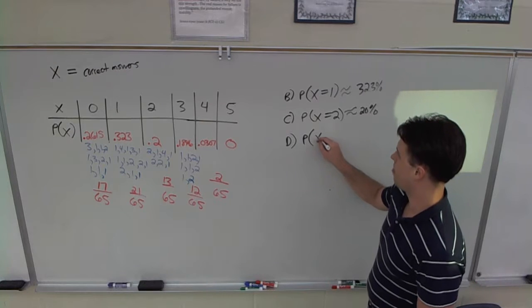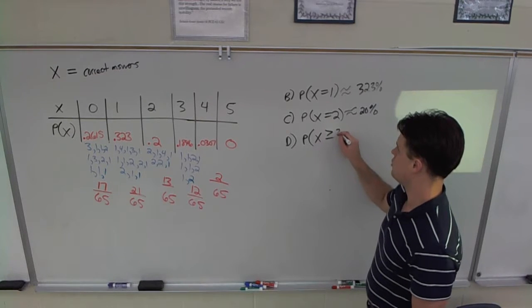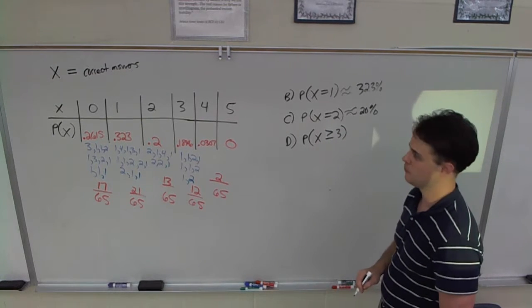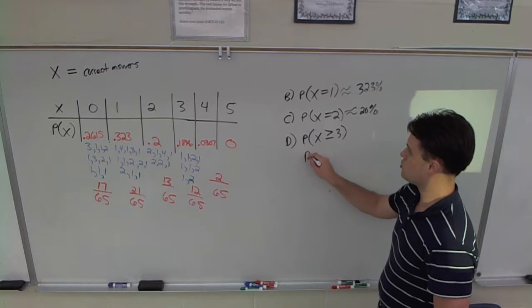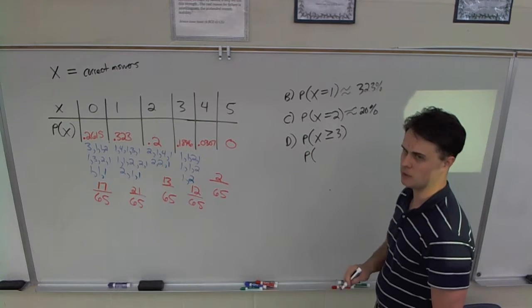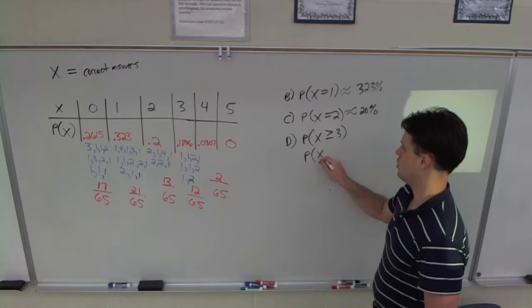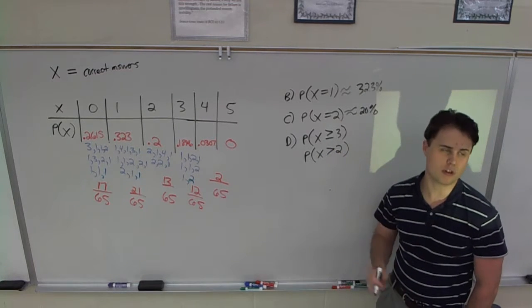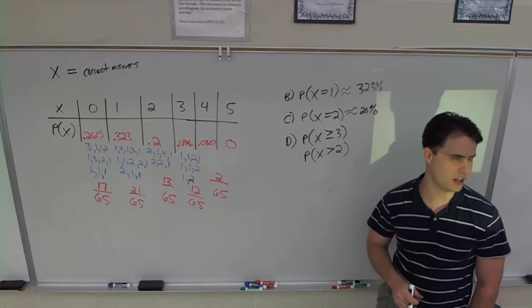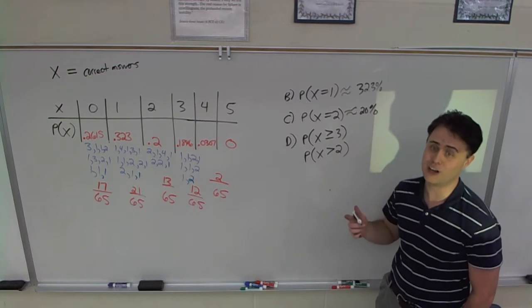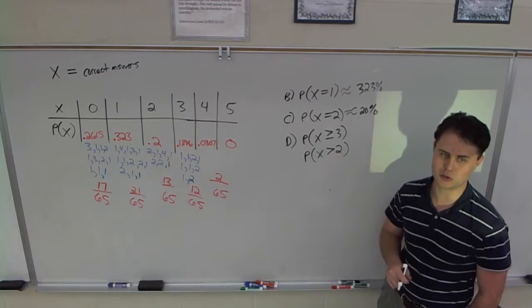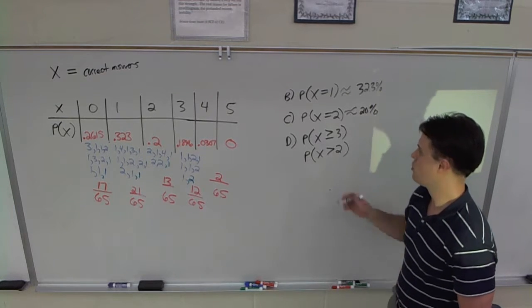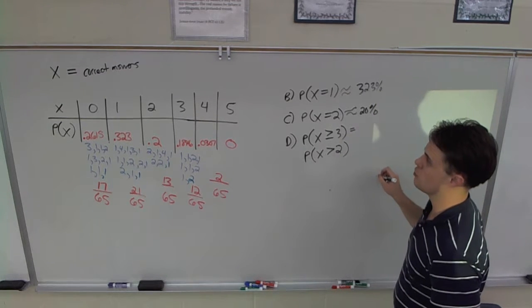Probability X is greater than or equal to 3, or you could say the probability X is greater than 2. Those are the same thing in discrete random variable land. In z-score land, they're not the same thing, right? Because of the continuousness of the function. So this is just going to be the probability of 3, 4, and 5.